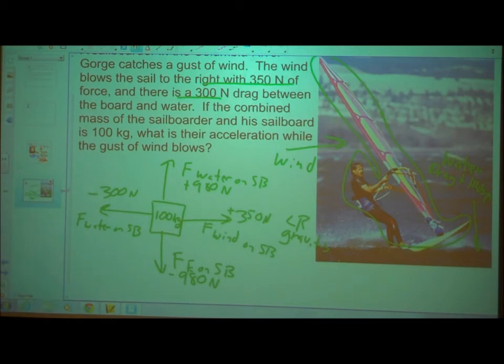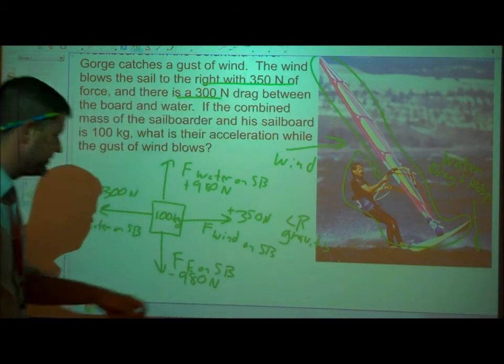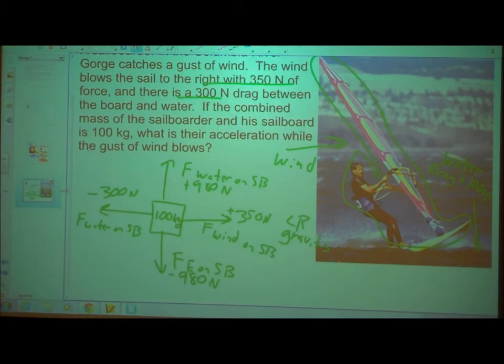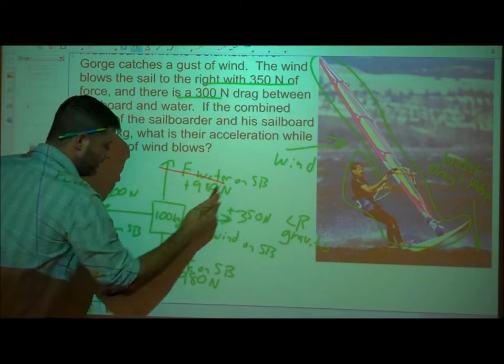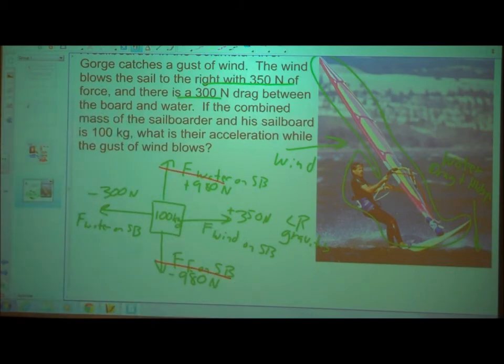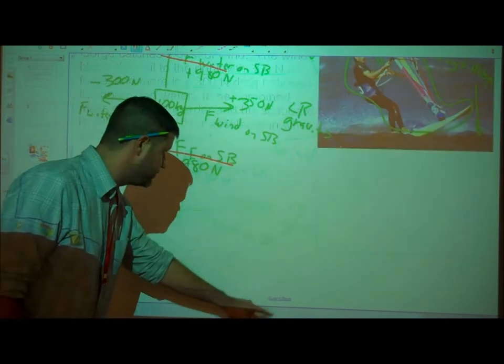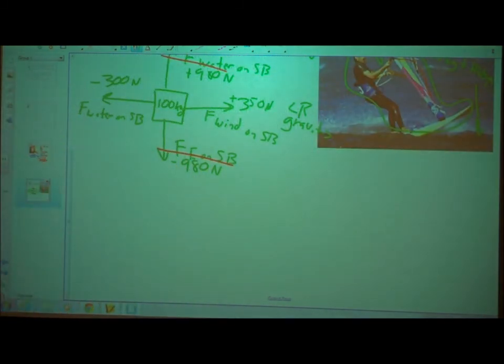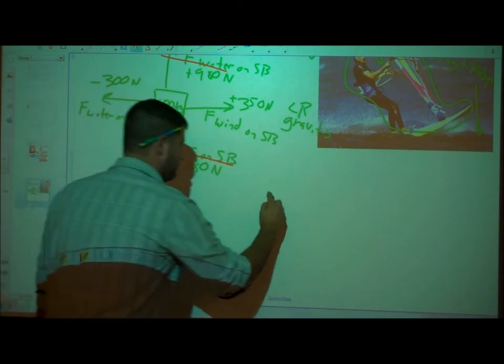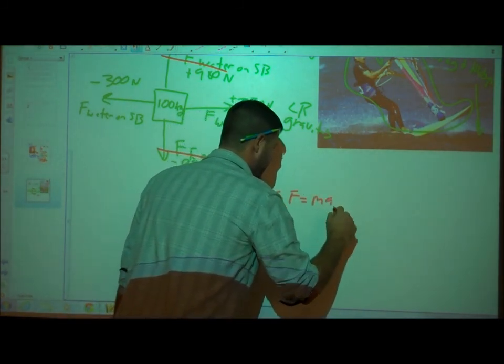Now, before we go any further, let's look at our upward and downward forces. We can see right away, positive 980 plus our negative 980 is going to be 0. These two cancel each other out. So really, we're just left with negative 300 to the left, and positive 350 to the right here. What we can do is take this and plug it into Newton's second law equation. We know that the net force is mass times acceleration.